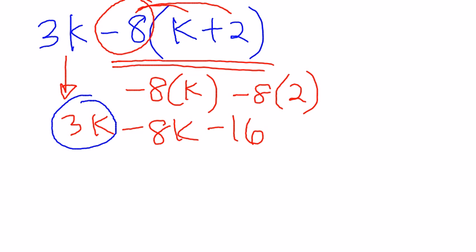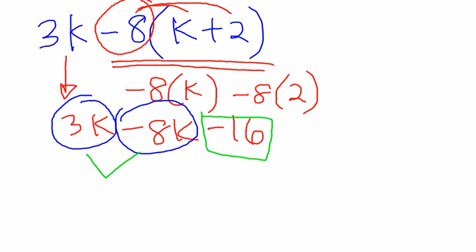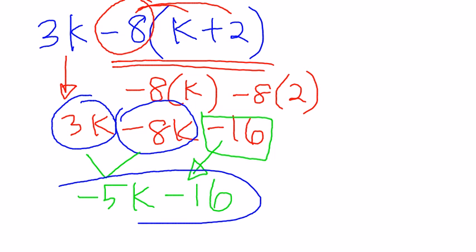So we have a 3k, we have a negative 8k, no other k's, and I also have a negative 16. These two can be combined, so 3k minus 8k is negative 5k, and the negative 16 doesn't have anybody who looks like it, and we have therefore simplified the above expression.